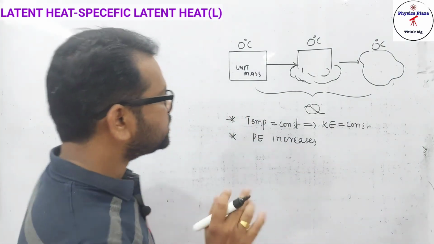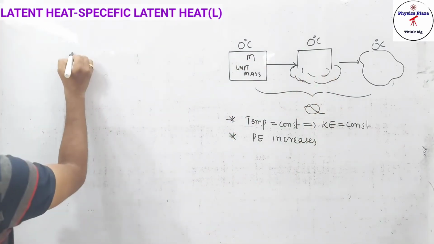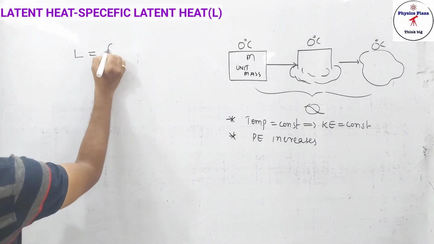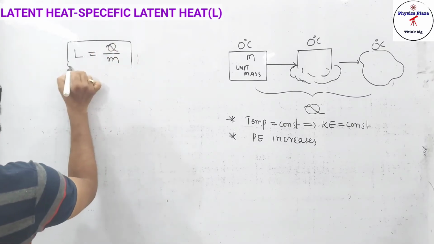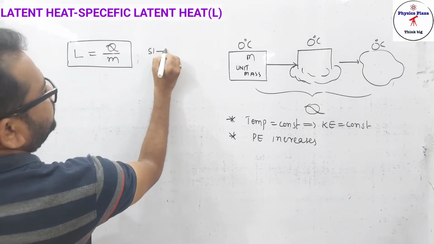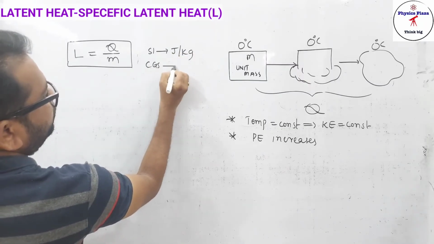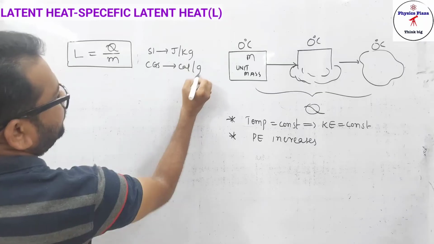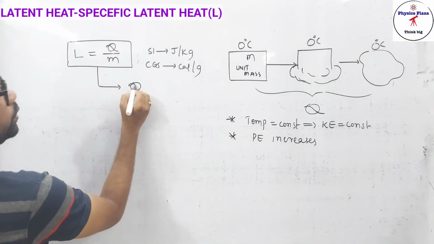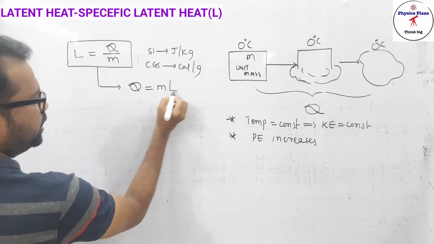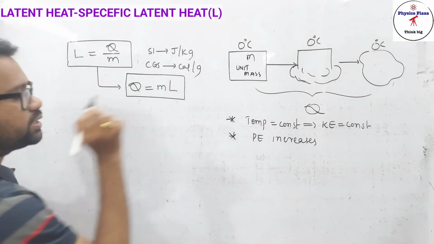Suppose m is the mass and Q is the amount of heat supplied, then specific latent heat is defined mathematically as L = Q/m. Children, the SI unit is joule per kg, whereas the CGS unit is calorie per gram. From here we can express Q = mL. Yes children, this is the formula we use to calculate the amount of heat energy required.